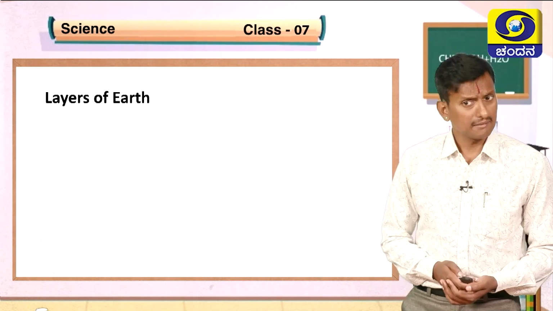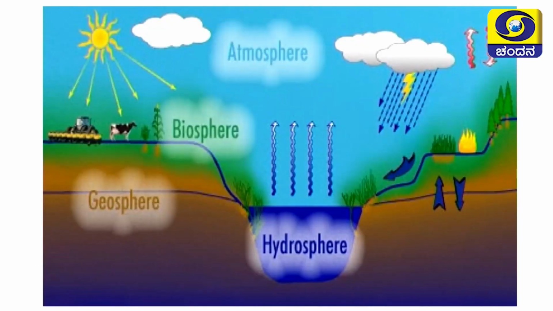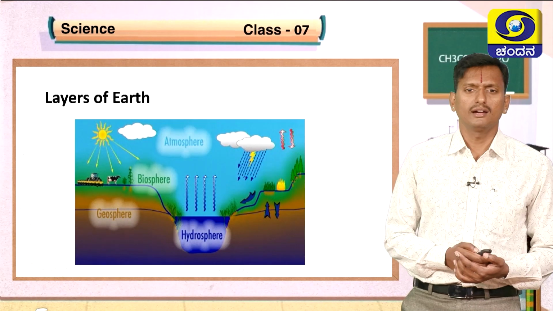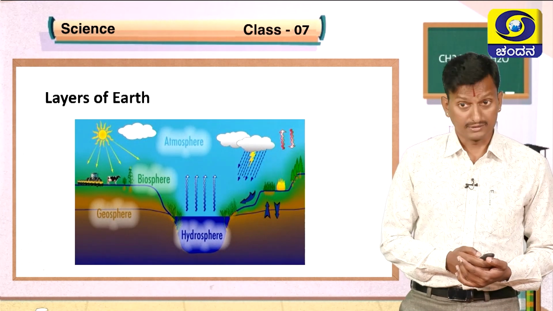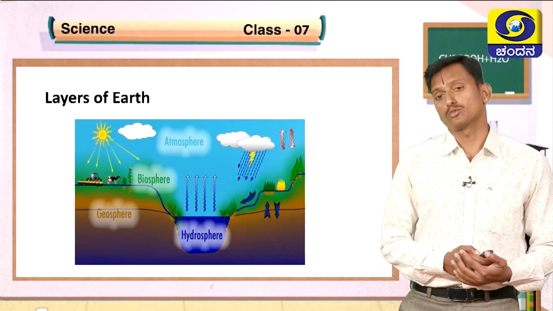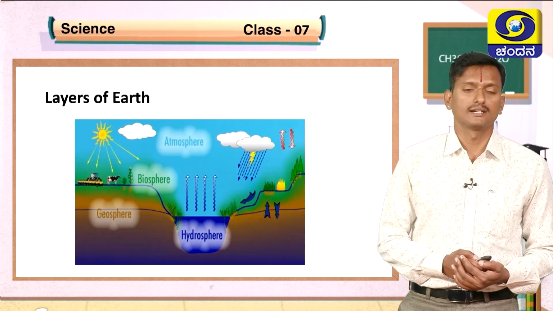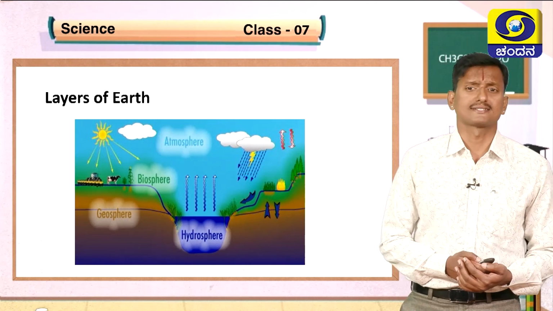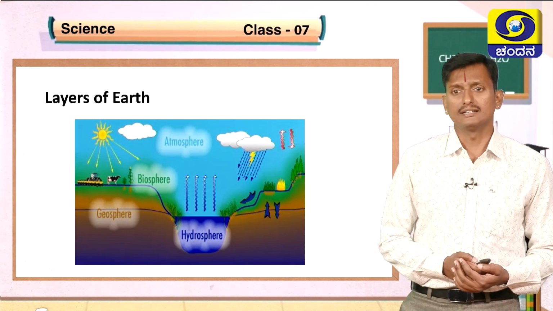It contains many layers, that is, geosphere, hydrosphere where we find water, and atmosphere where we find different types of gases. These are all helpful for all types of animals, birds and plants to live.